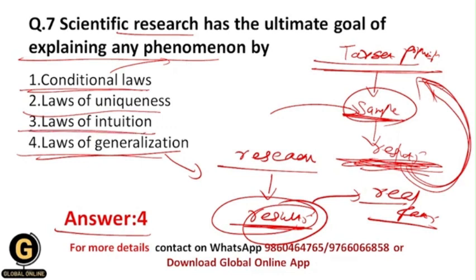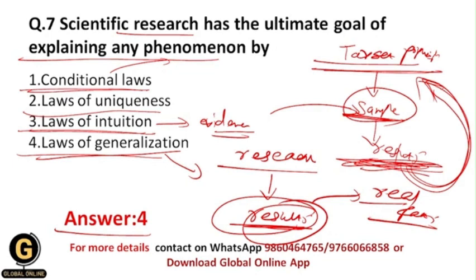Then laws of intuition means that basically we apply our intuitions to the results section of our research study. Here we don't rely on the evidence. We rely on our thinking power, on our intuitions. So these are the laws of intuition.